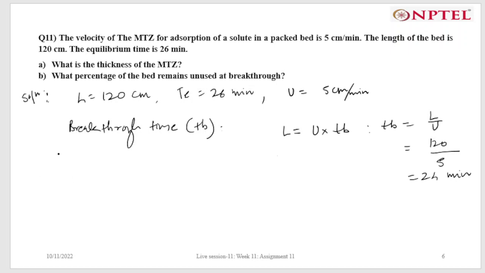Now, the first part, what is the thickness of the MTZ, meaning the length of the MTZ? It is velocity into equilibrium time minus TB.